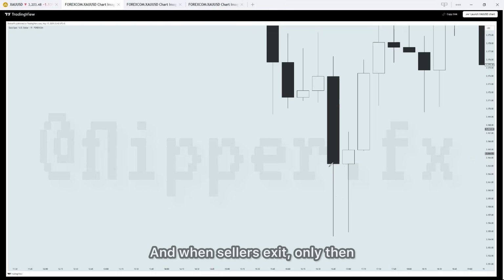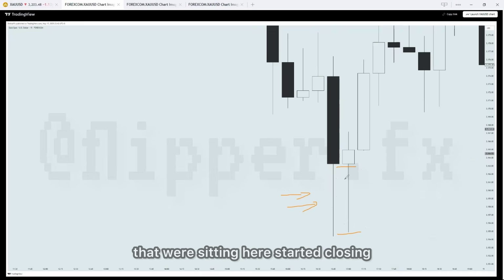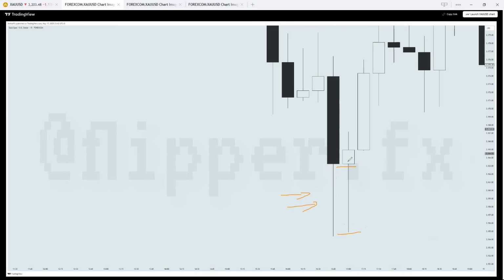And when sellers exit, only then can buys be injected into the market. Now look at the next candle. When price dropped below, the sell positions that were sitting here started closing. That's when buy volume got injected. Once buy volume was injected, we got the first move.